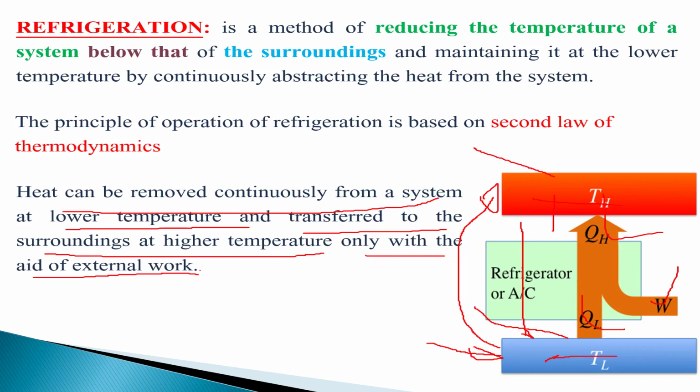So this is the basic concept. QH is always equal to QL plus W. W is the work done, QL is the heat absorbed, and QH is the heat rejected out to the space at higher temperature. That is how a refrigeration system works.